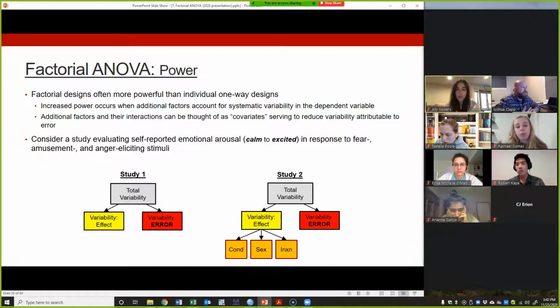So now what I've done is I've gone from a one-way ANOVA to a two-way factorial ANOVA, where I have a film condition 1, 2, 3. Let's say we go biological sex, 1, 2 on that. But then I have the interaction, right? Because it's possible that for my fear eliciting stimuli, it doesn't matter, men and women respond similarly.